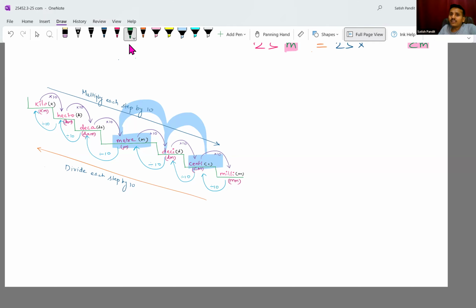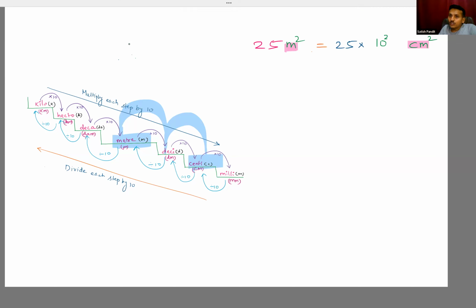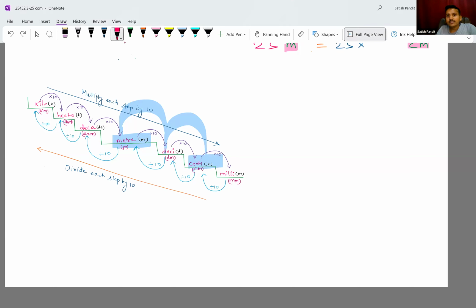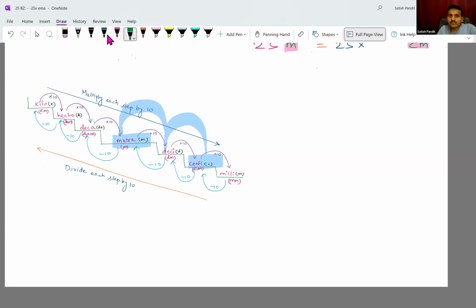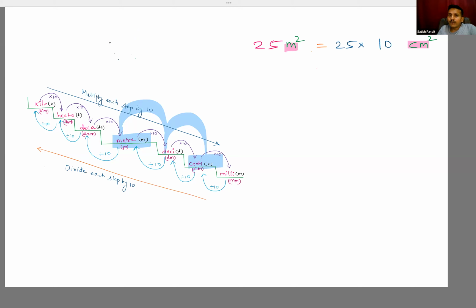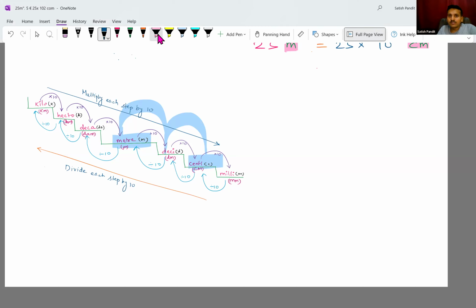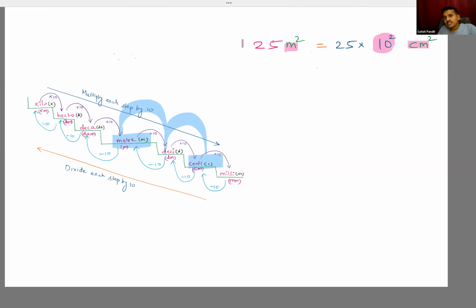So 10 to the power 2, because 2 jumps we are taking to convert. Meter to centimeter is 10 to the power 2.